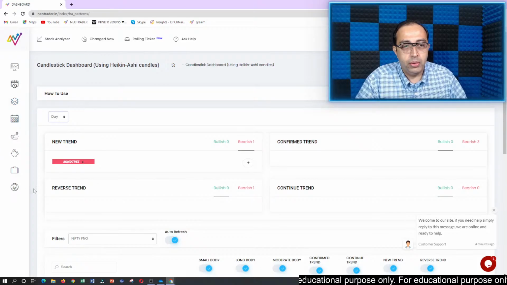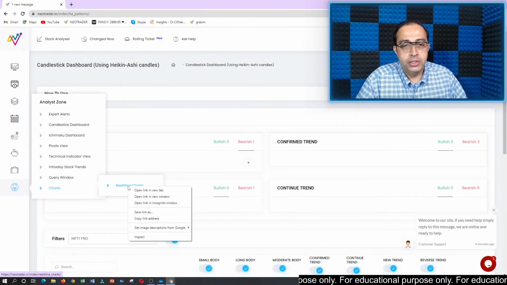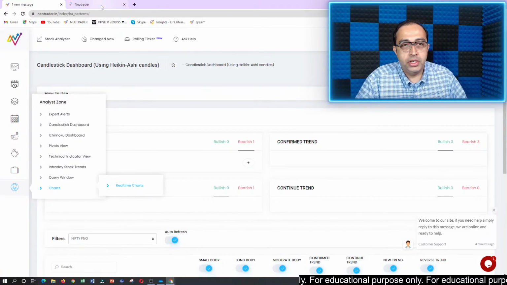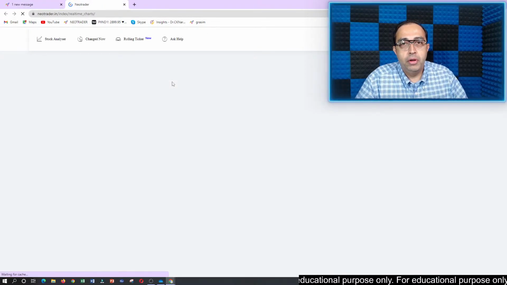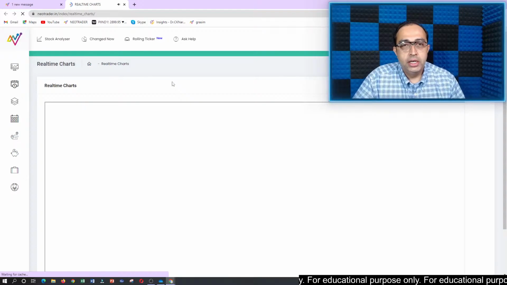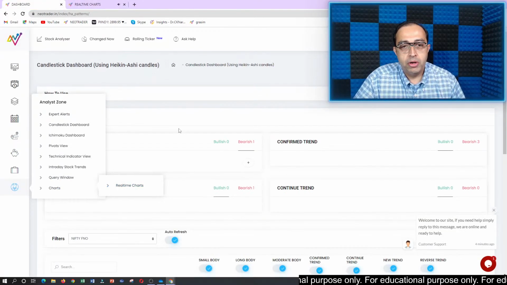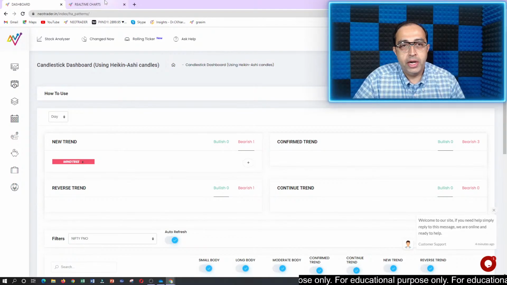Now let's go and take a look at the charts as well. All right, let me click on the charts, and this is just for you to get an idea of what exactly is being read, so that you know that yes, there is a better way to do it. This particular Mindtree, I have it on my card as a new trend.